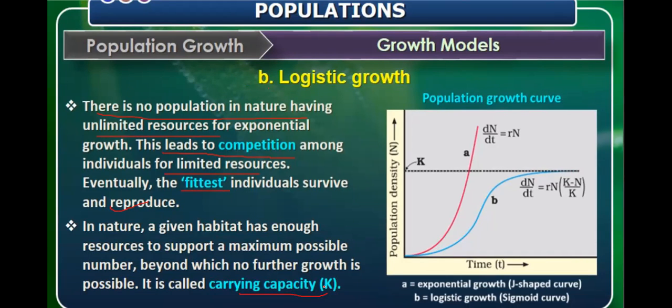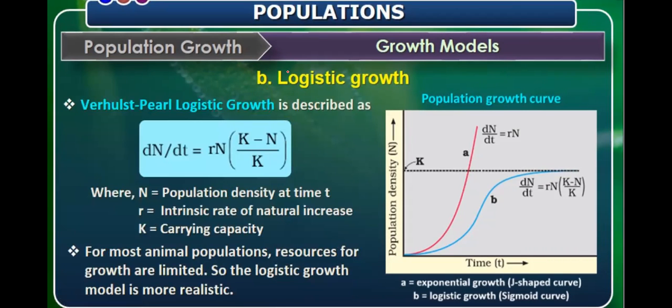If the number of individuals goes beyond the carrying capacity, there will be competition, and in this competition, only the fittest individuals survive and reproduce. So what is the equation for logistic growth?